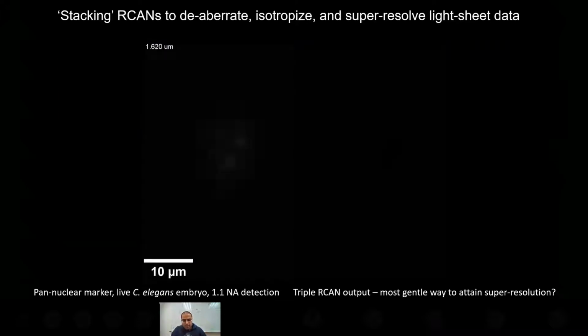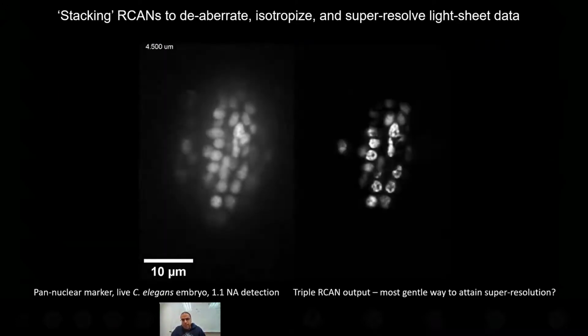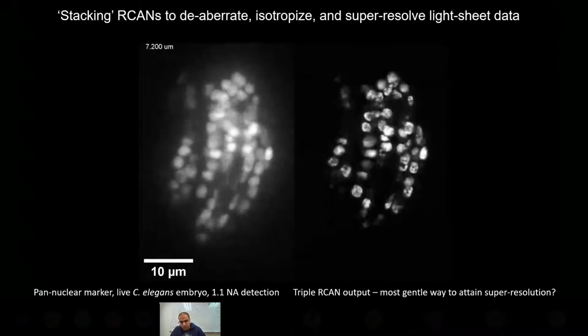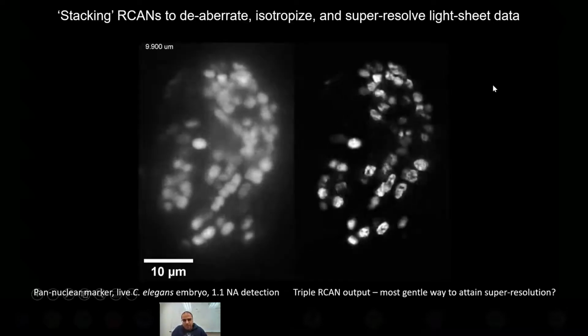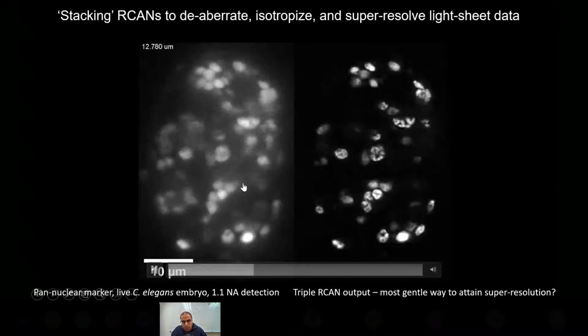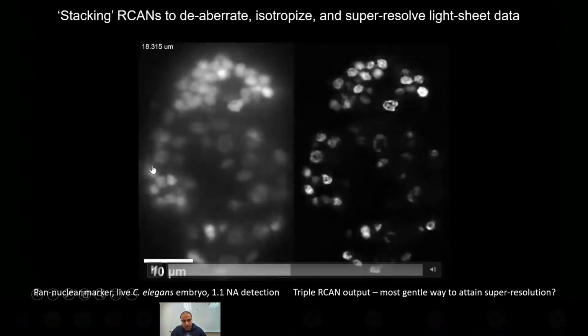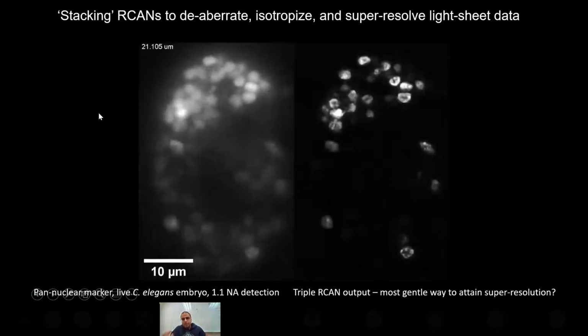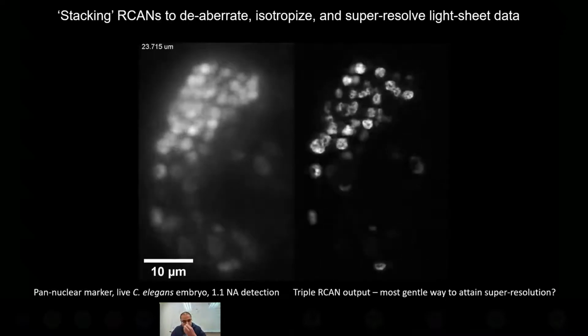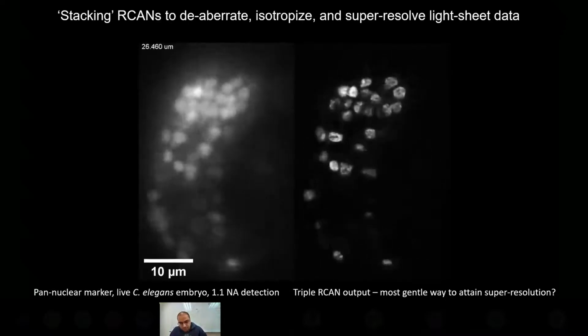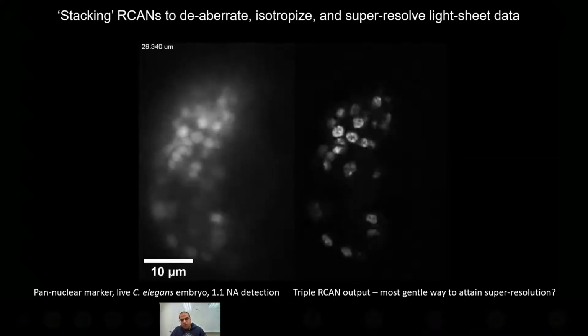So just to show the output of that triple-step process, now if you compare these stacks, you can much more easily separate nuclei, even in scattered or densely labeled regions of the worm. You can also see there's all this beautiful subnuclear structure that is just hinted at in the raw data, but we can recover using this super-resolution prediction. And this, of course, works over time.